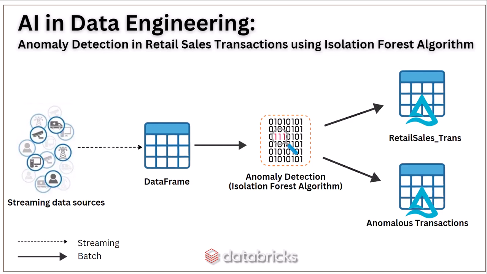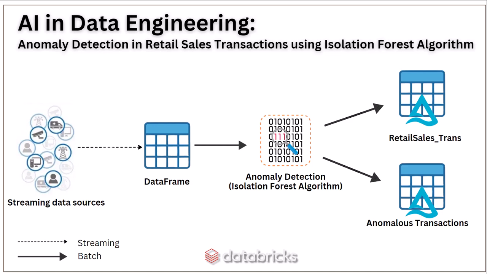The results are stored in two tables. First, the retail sales transaction table, which stores all records containing both non-anomalous and anomalous transactions, and the second, the anomalous transaction table, which exclusively holds the detected anomaly records.